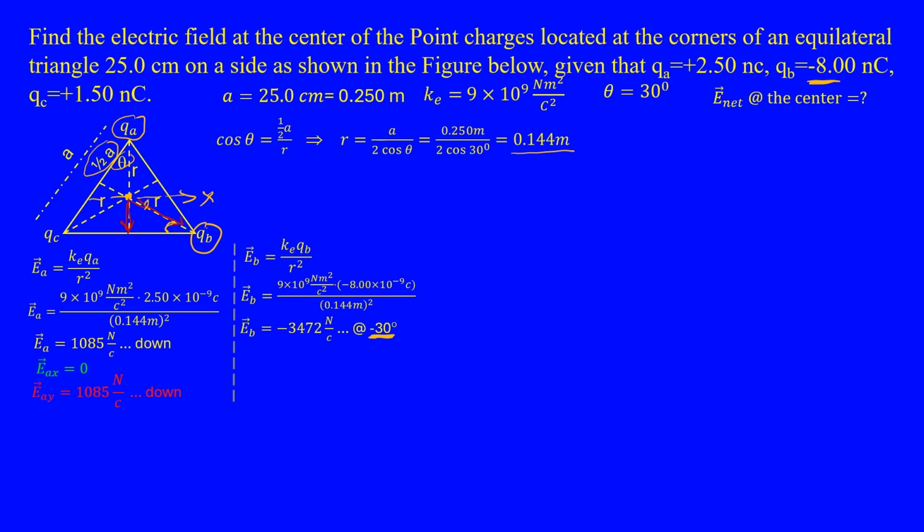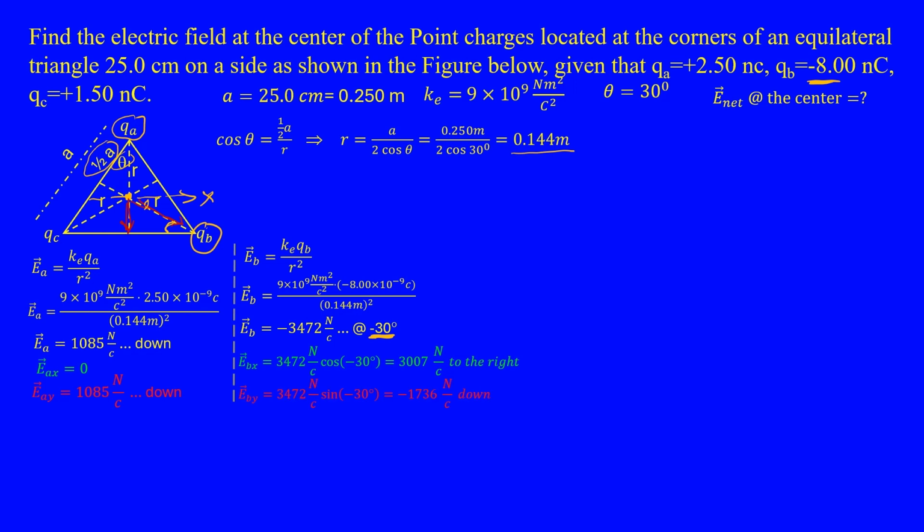So what is the x and y component? The x component will be the electric field multiplied by the cosine of the angle. That's 3,472 newton per coulomb multiplied by the cosine of negative 30 degrees, and that yields 3,007 newton per coulomb, and the direction is to the right because it's positive.